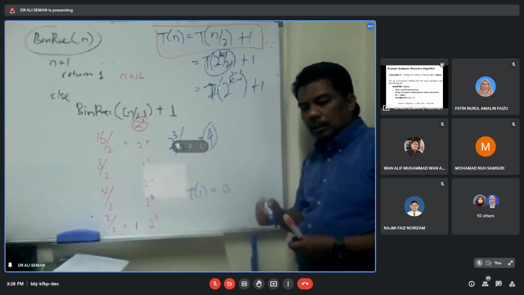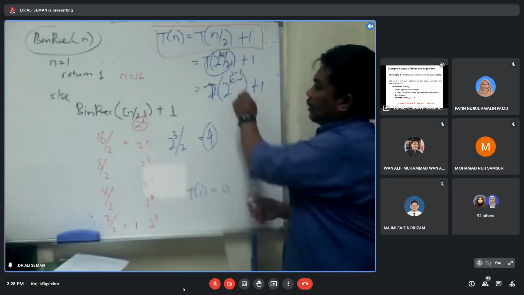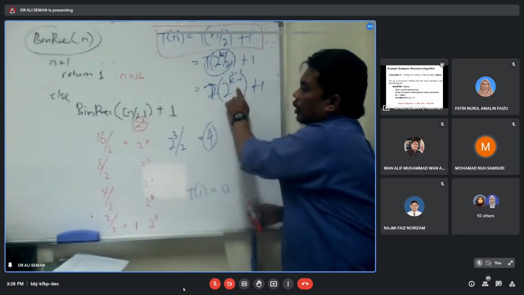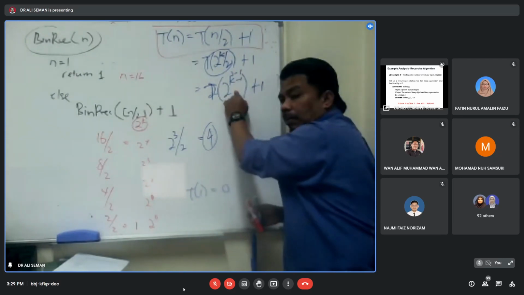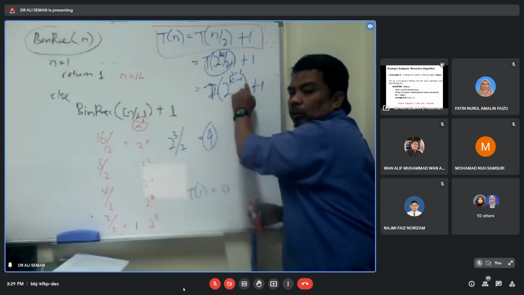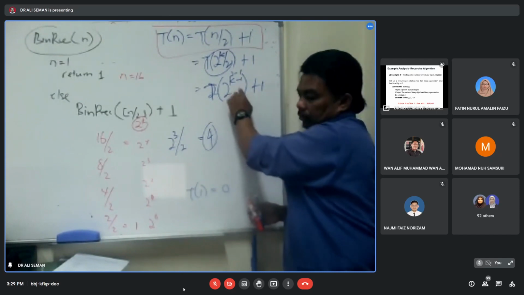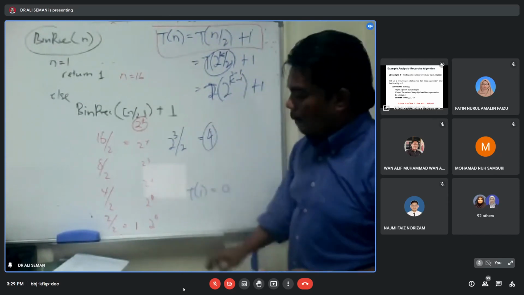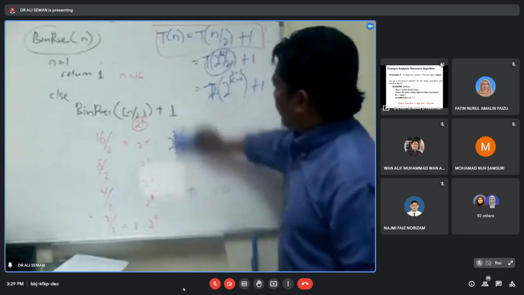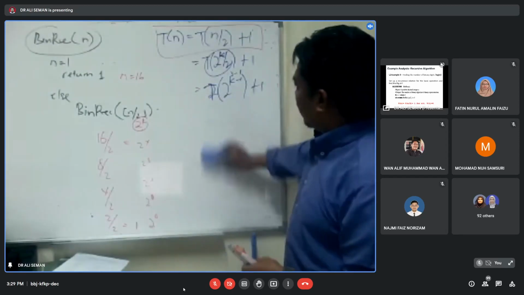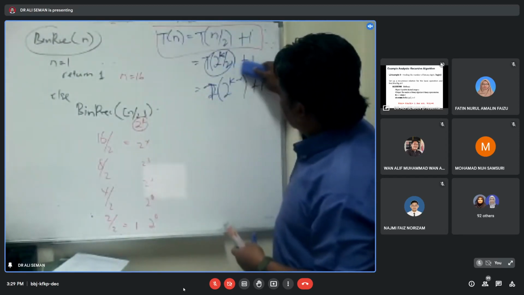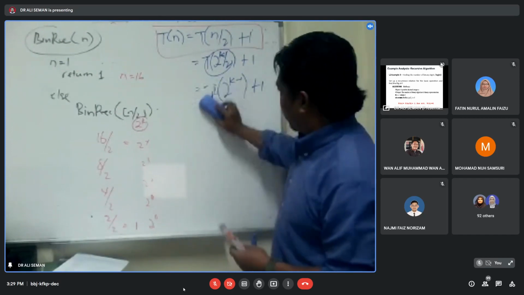Correct? Basically the same, right? Okay, why do we need this form? Because we need 2 power of k minus 1 to be in the form of a recurrence, so that we can do the rest of the back substitution method.